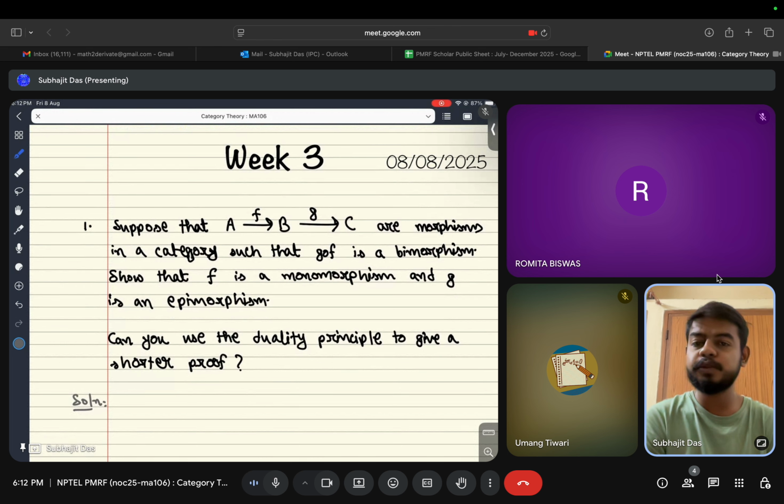What you are asked to show here is that the morphism F should be a monomorphism and the morphism G should be an epimorphism. We'll come to the latter question later, but for now we just need to focus on showing that F is a monomorphism and G is an epimorphism.